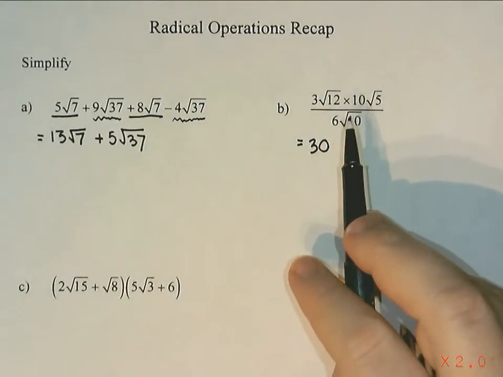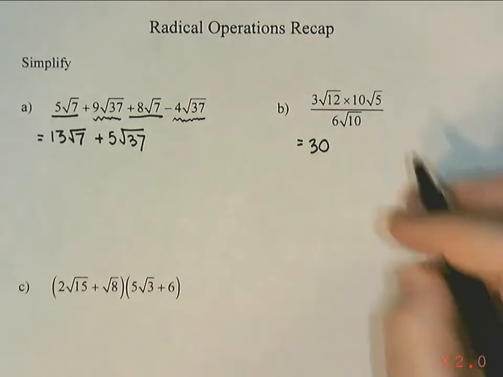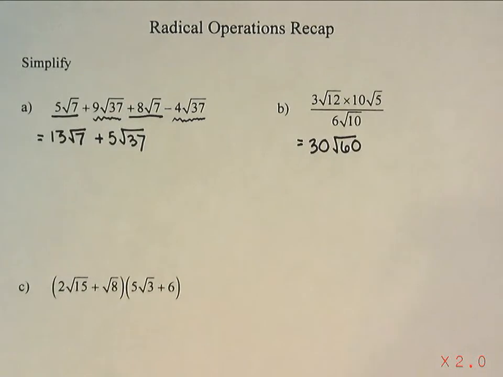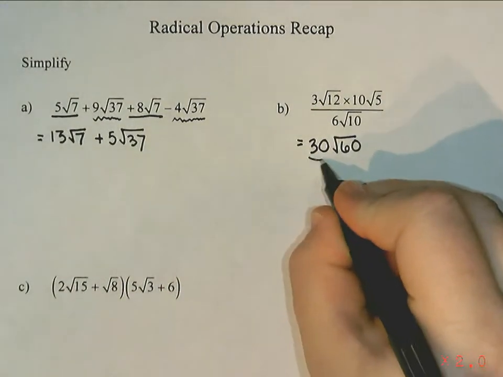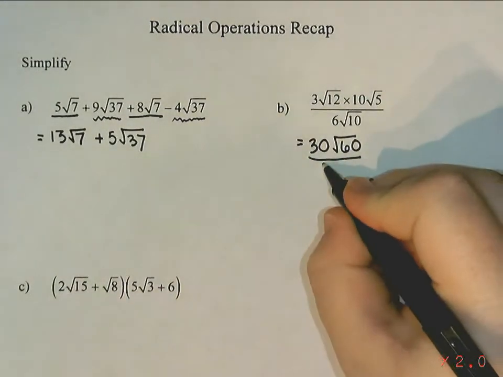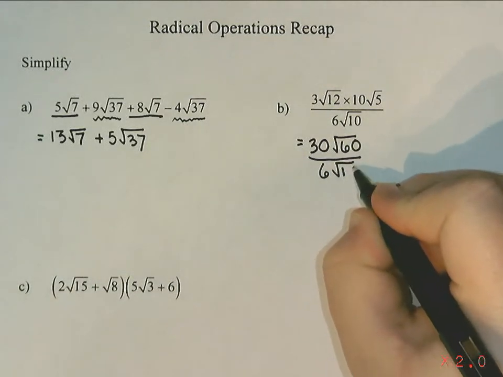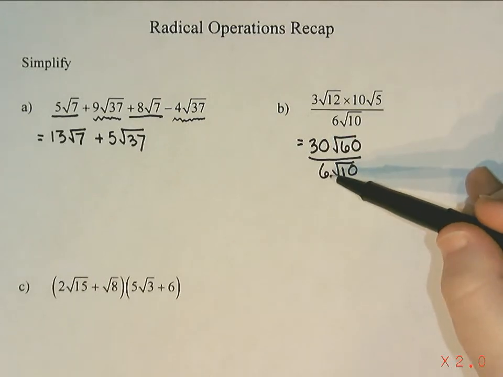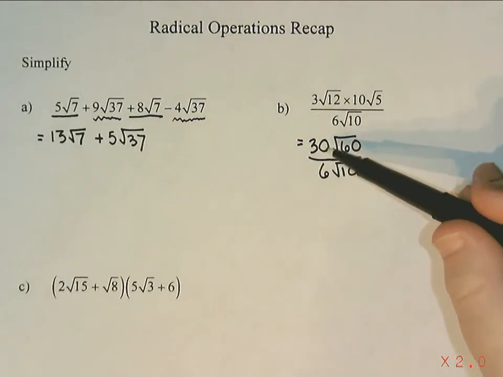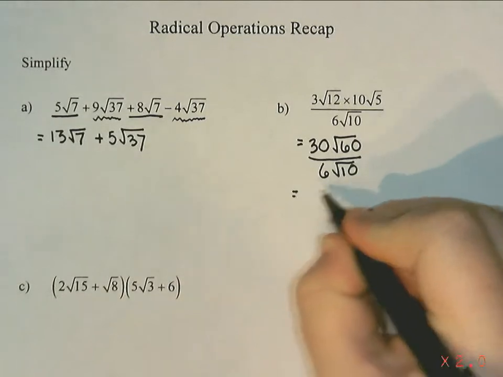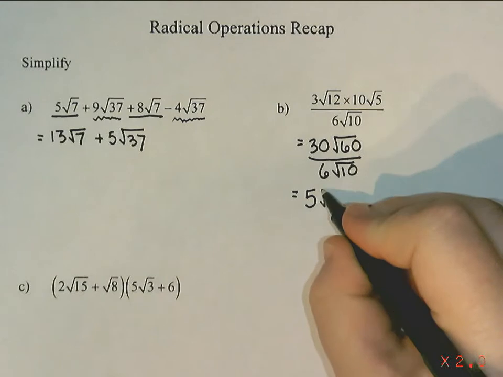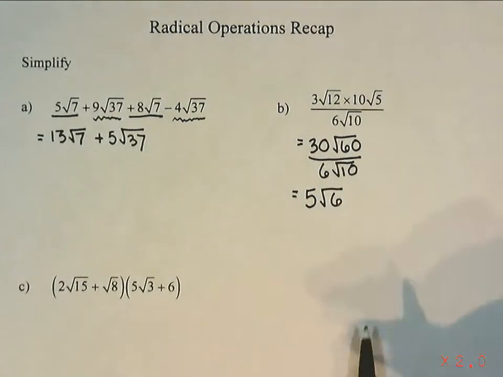And then we do the numbers underneath the square root, so 12 times 5 is 60. So I end up with 30 root 60 in the numerator. And in the denominator, we're going to leave that 6 root 10 for the next step. And now I'm just going to divide, so coefficient with coefficient, root with root. 30 divided by 6 is 5, and 60 divided by 10 is 6. So our final answer will be 5 root 6.